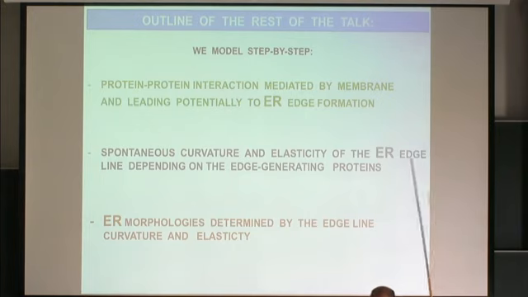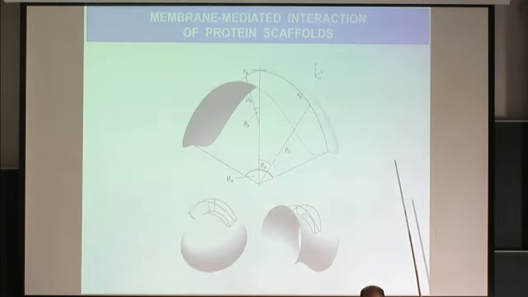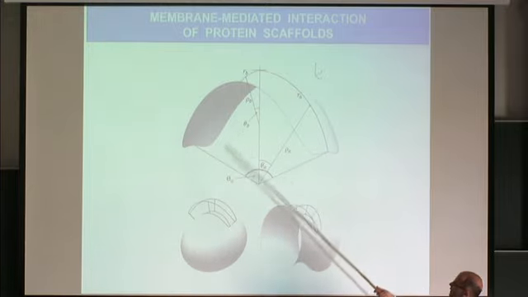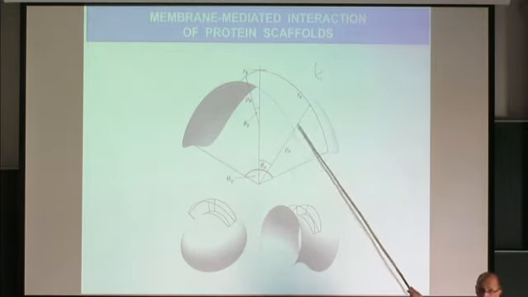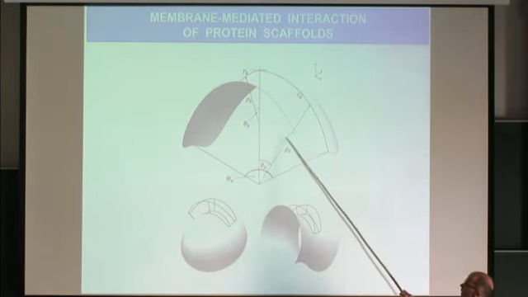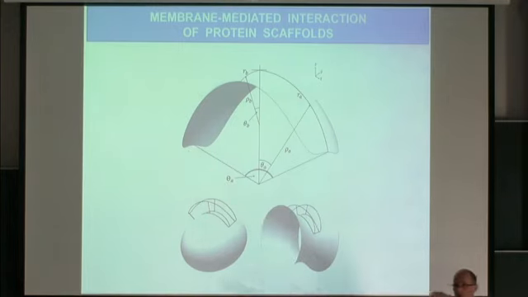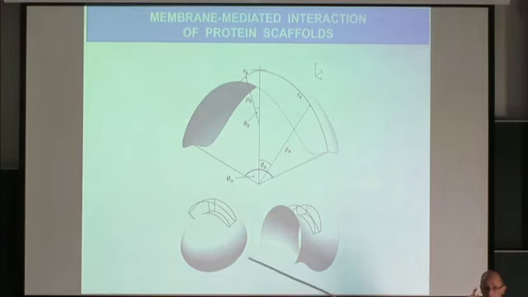So my time is running, the few ideas are the following. We modeled the scaffolds as arc-like membrane patches with one curvature, corresponding to the curvature of tubes and sheet edges, meaning arcs with 25 nanometer diameter.